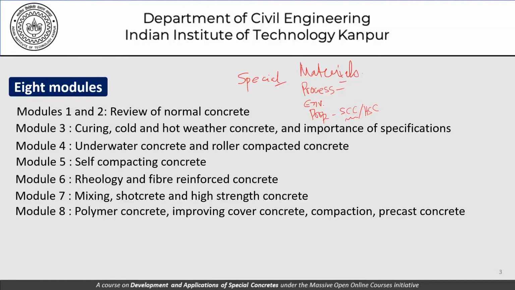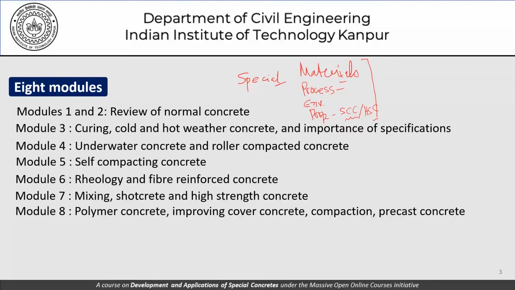So basically we said throughout that there is a normal range of variables and then there is a special part. And once any one or more of the different processes involved, that is mixing, transportation, placing, curing, any of these things becomes a little special, all the other processes need to be appropriately redesigned or rethought of.